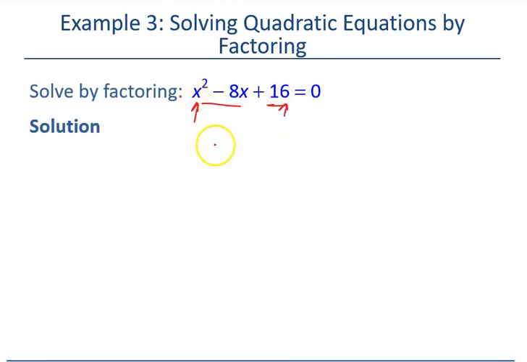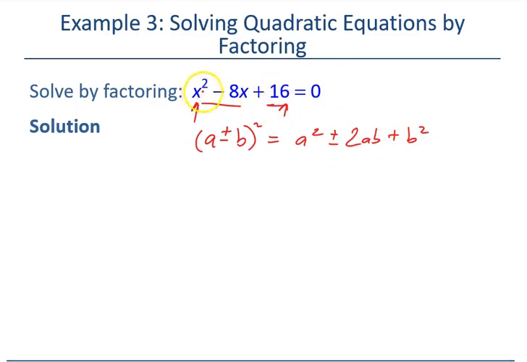Let's start looking at it. Remember, a perfect square trinomial is something of the form a plus b squared, which is equal to a squared plus or minus 2ab plus b squared. Let's see if we've got it here.